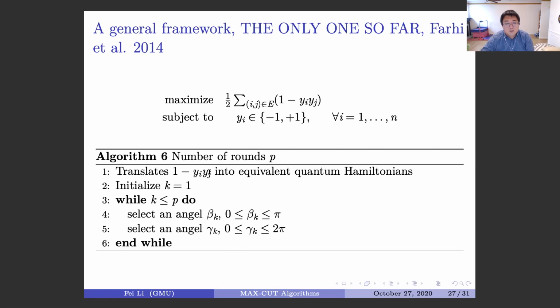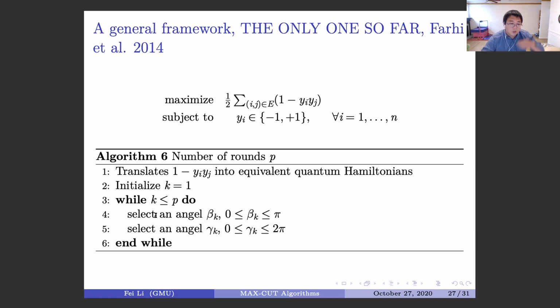You translate the objective into the equivalent quantum Hamiltonians. My understanding, which may be incorrect, is that you transform into the initial state, and this initial state is the randomized state. Then you manipulate this superposition by applying the matrix operator, for P rounds.